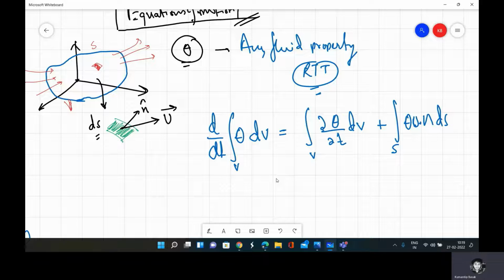Therefore, the rate of change of that property inside that control volume is equal to the local change, that is the del theta by del t part, that is the local change of that property inside the control volume, in the temporal sense. Local temporal means in a temporal sense, because you can understand that theta is a function of both space and time.